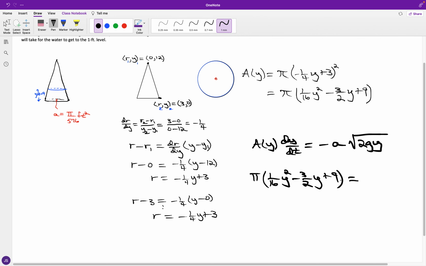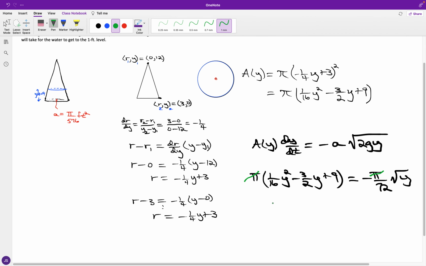And again, just history repeating itself. So again, we have negative pi over 72, the case from the cubical tank repeating. And if you notice, we have pi's on opposite sides that cancel out.